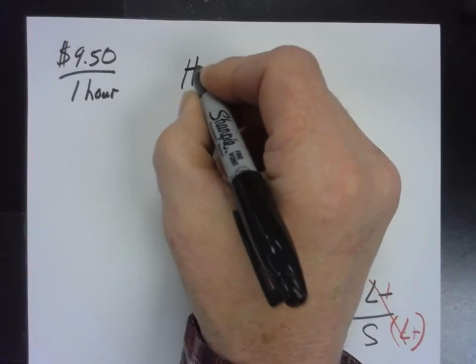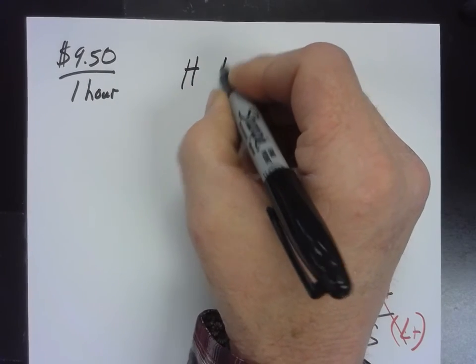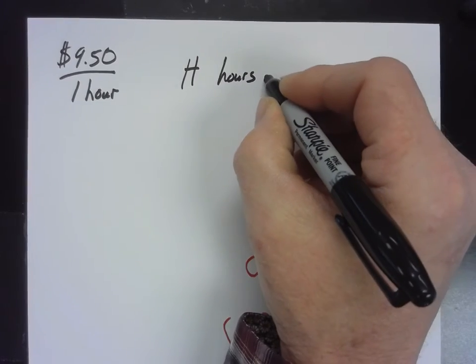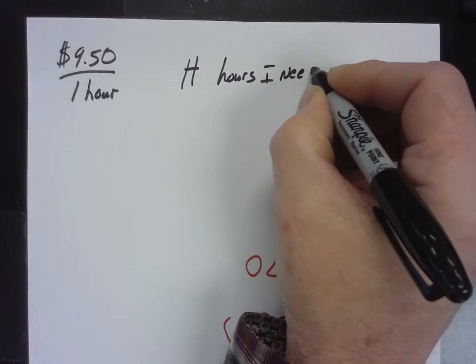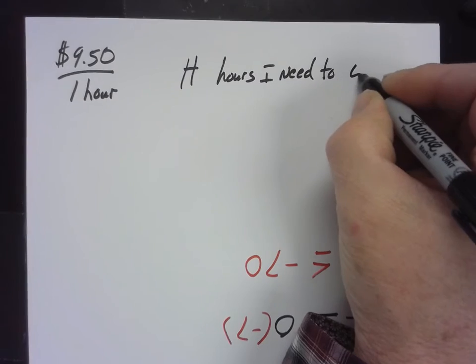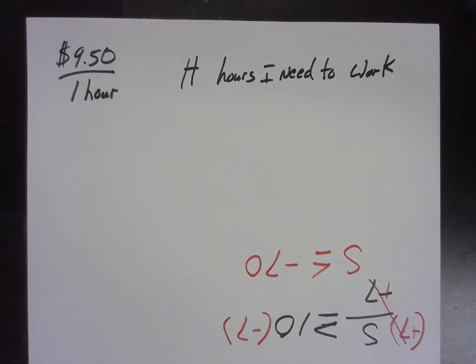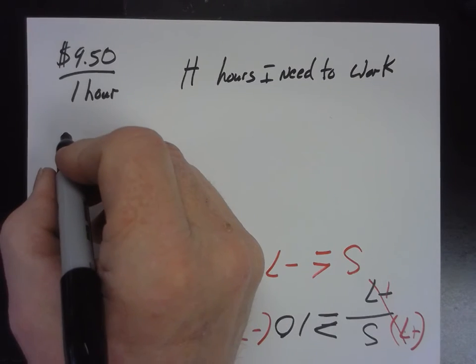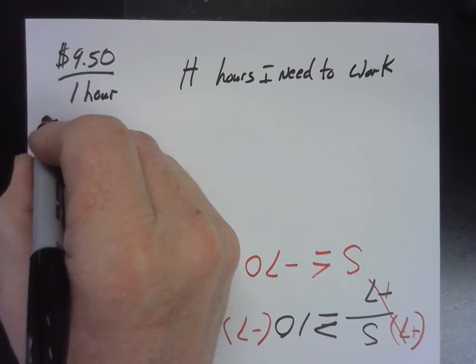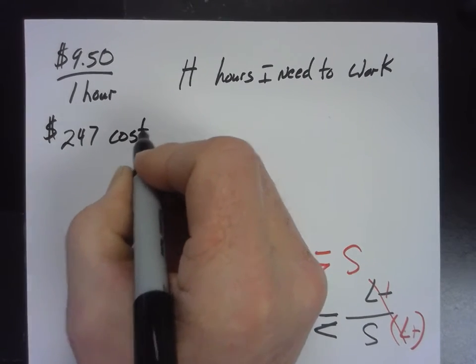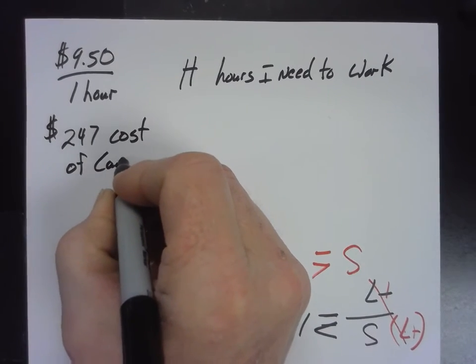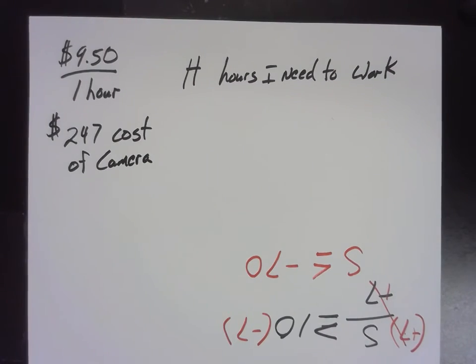So I'm going to call that H, hours I need to work. That's our variable. In order to buy a camera that costs $247, that's the cost of the camera.